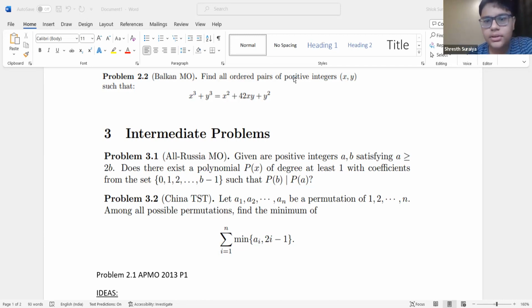Any ideas on any of these three problems? Especially 2.1, because that's the easier one. Also, who else has seen the 2.2 problem, the Balkan one? Apart from Harsh.